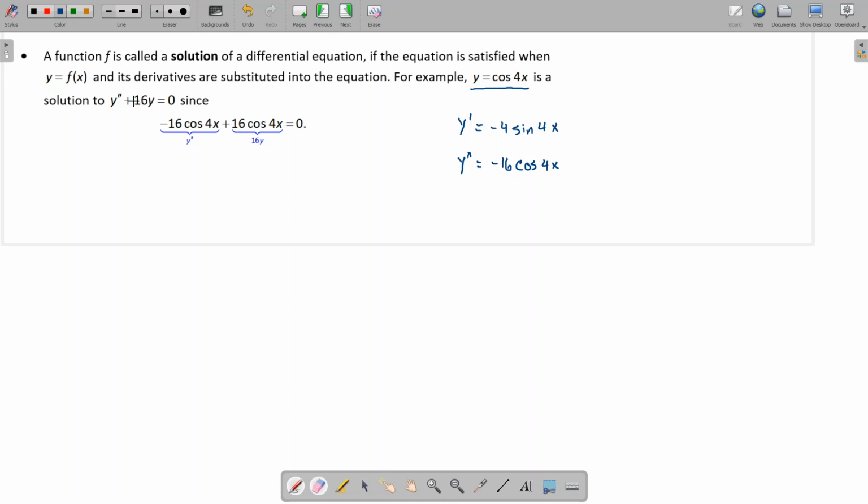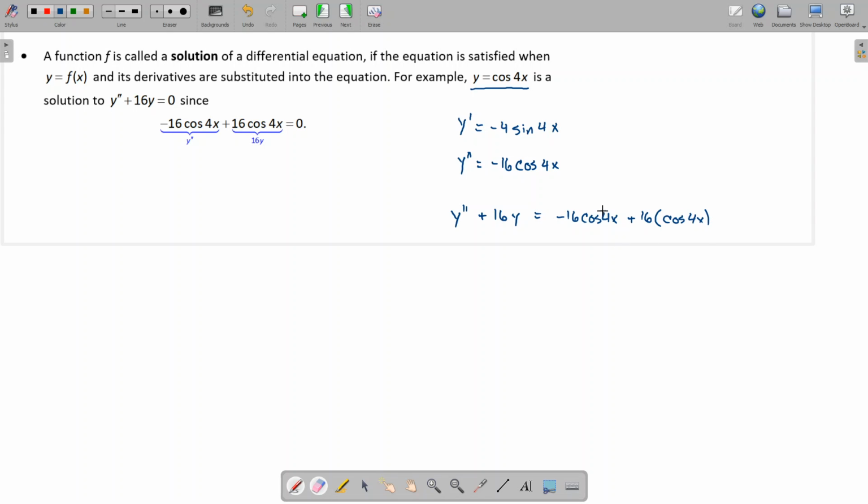And then we already have y itself. So to test it, we're just plugging everything into this and checking to see, do we actually get the same thing above. So let's plug everything into this. Y double prime is this, so that's negative 16 cosine of 4x. And then 16 plus 16 of y, this was y.